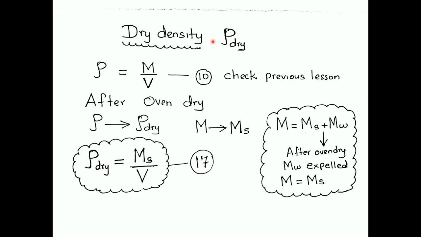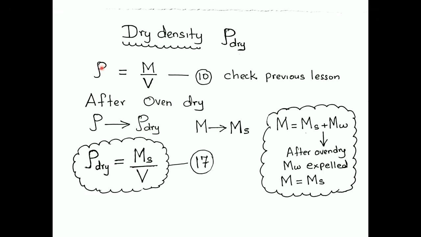Dry density, rho dry. Bulk density is equal to total mass over total volume, equation number 10, checked in the previous lesson. After oven drying, M becomes MS, because total mass is the mass of solid plus mass of water, and after oven drying the MW is expelled. So M is equal to MS, and rho becomes rho dry.